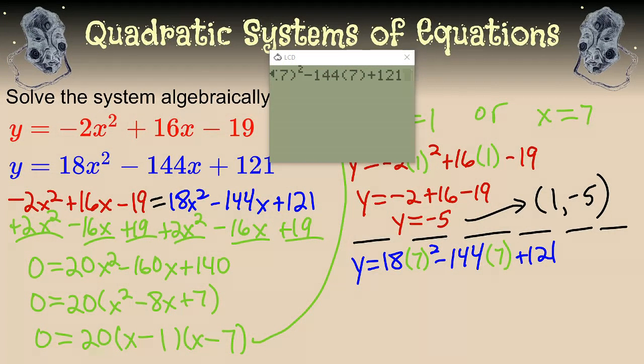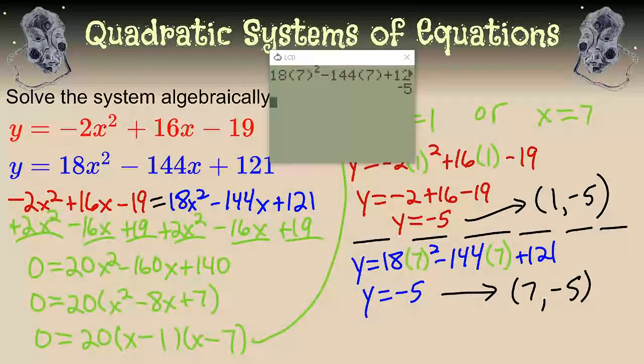And if you use a calculator like this and get a solution here, you can just say y equals negative 5, and that's just fine. You don't need to do more steps here. And so then our solution here is 7, negative 5. And what do folks notice that might be interesting about those two solutions?